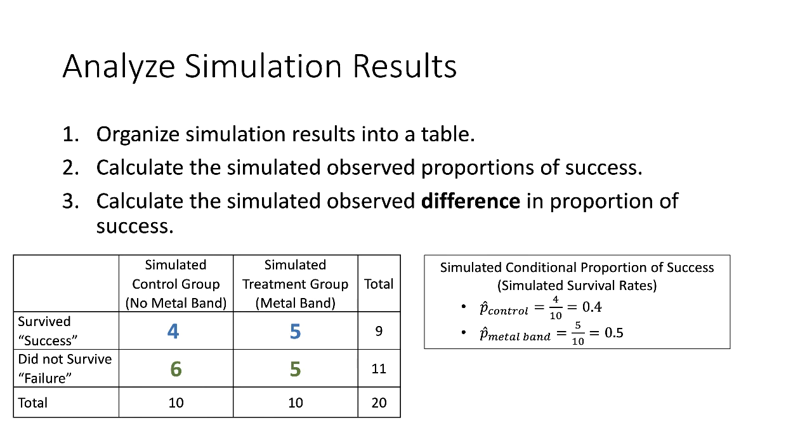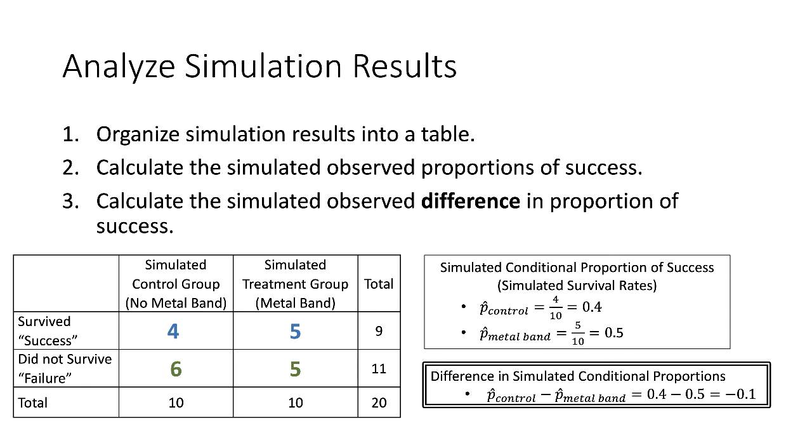Now I'm going to calculate the simulated observed difference in proportion of success. Taking the proportion for the control group and subtracting off the proportion for the metal band group, we'll take 0.4 and subtract 0.5, and that gives me negative 0.1.